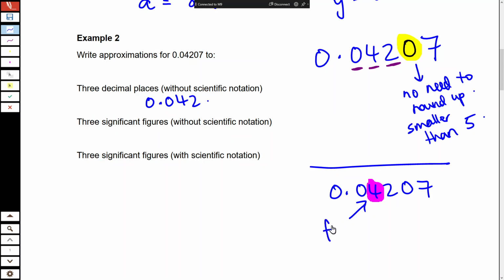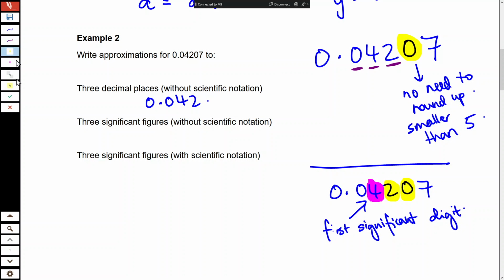So 4 is the first significant digit or figure. So you'll need to look over your notes from last term. Essentially, the rule is if you have a decimal number that's smaller than 1, the first non-zero digit is your first significant figure. In this case, it's 4. And then anything after that is also significant, including this 0, because it's between non-zero numbers.